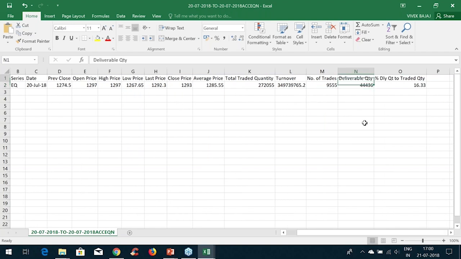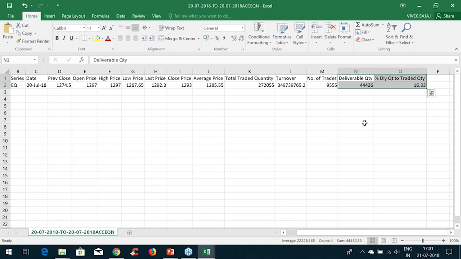These are two important data points for you to find out whether the bigger guys in the market are interested in taking delivery or giving delivery of that underlying. If someone is interested in taking delivery, that means he believes that the price will go up. If someone is interested in giving delivery, he believes that the price will go down.